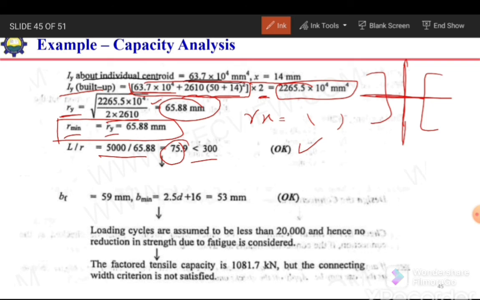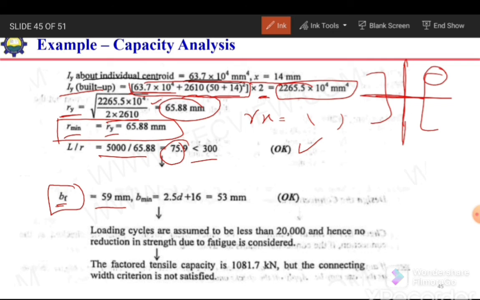Okay, finally we need to check the width of the connected leg. Here this one will be the connected leg. We need to select the width of flange from the table, which is 59 millimeter, and we need to compare it with the minimum value.